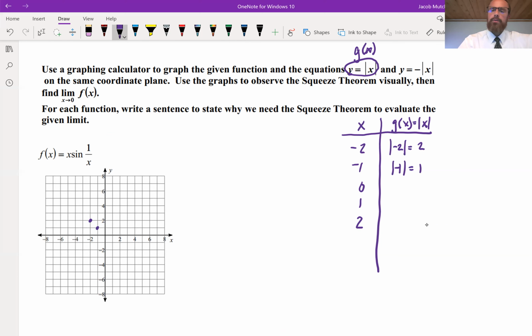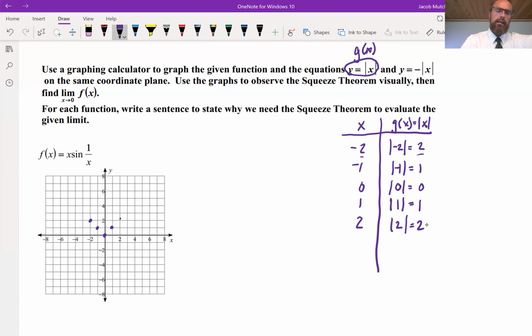And I could write those out here as coordinate pairs, but you kind of see how the x values and the y values show up on the graph. If I take absolute value of 0, how far is 0 from 0? It's 0 away. So the origin's on that graph. And then the positive numbers are kind of easy. It's just whatever they are. Absolute value of 1, how far is 1 away from 0? It's 1 away. So that's the point 1, 1. And then absolute value of 2 is just 2. So 2, 2.